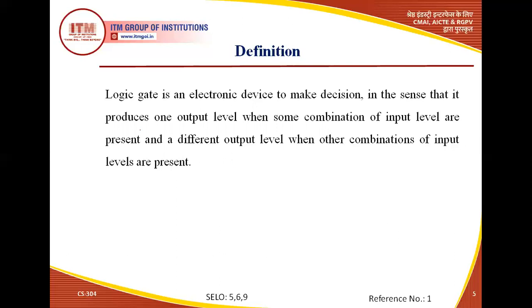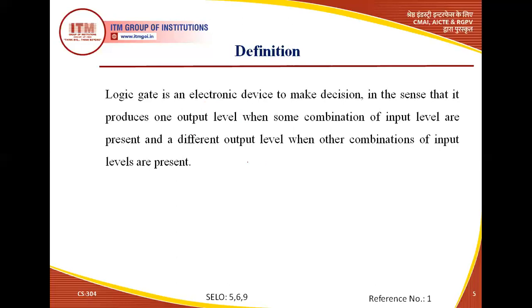So in such a manner, we can define the logic gate. Or if we talk about the standard definition, the logic gate is an electronic device to make decisions in the sense that it produces one output level when some combination of input levels is present, and a different output level when other combinations of input levels are present.